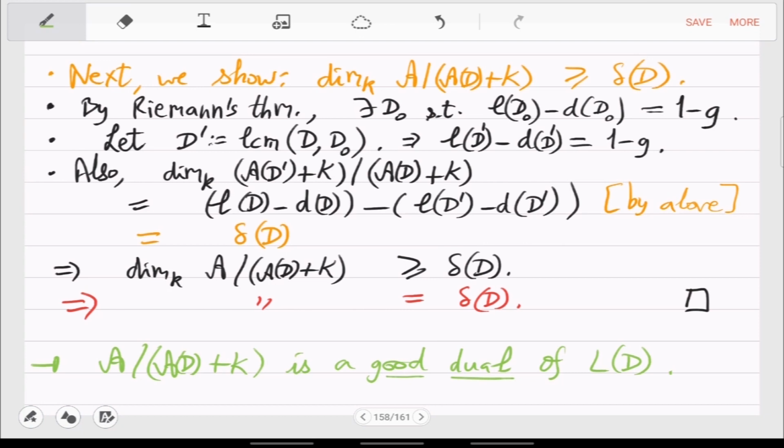We were calling LD the L sheaf, LD sheaf. Similarly, this new object you can also call a sheaf. It's the A mod AD plus K sheaf. So it gives a new sheaf. We haven't defined what a sheaf is, but it's a vector space that you have now defined, and it's a dual of the first vector space we had defined.